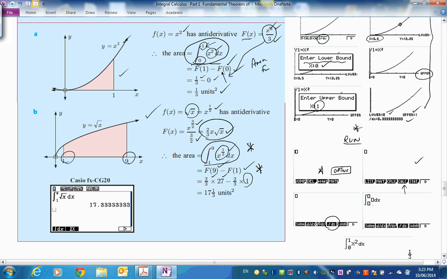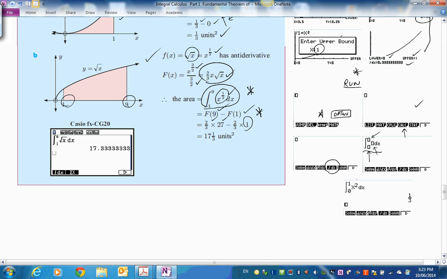So choose F4 again and this symbol comes up. And all you have to do is enter the limits in there and the actual function in there. This is in run mode, and when you have entered those, you will get the same answer. So it's magic, isn't it? A lot of ways of handling this function.